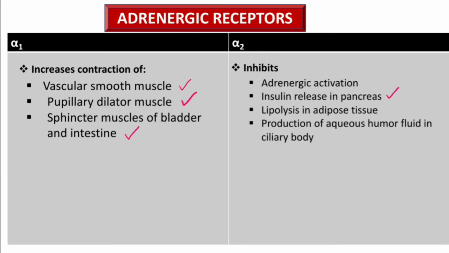Here you need to remember, because there might be some confusion, pancreatic beta cells have both alpha 2 receptors and beta 2 receptors, right? So on this part, just know insulin release in the pancreas is inhibited if you stimulate alpha 2, right?